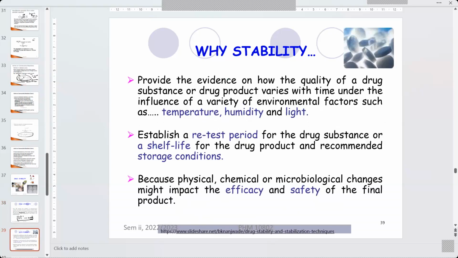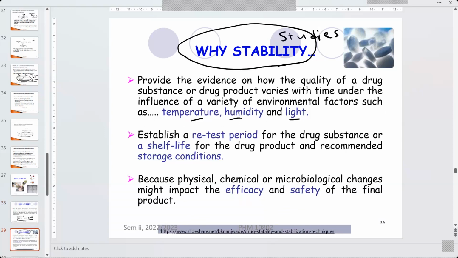We call it expired. So why do we need to study the stability? Because it provides the evidence on how the quality of the drug substance or drug product varies with time under the influence of a variety of environmental factors, such as temperature, humidity, and light. So on active ingredients and on finished drug products, we perform stability studies.